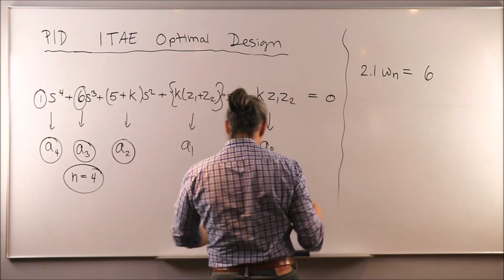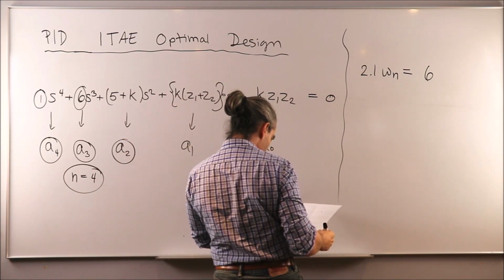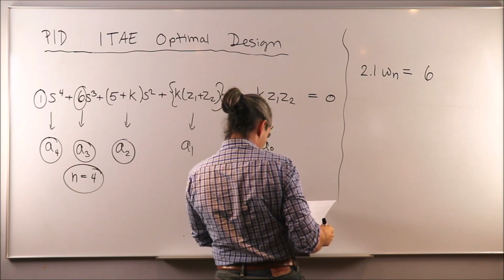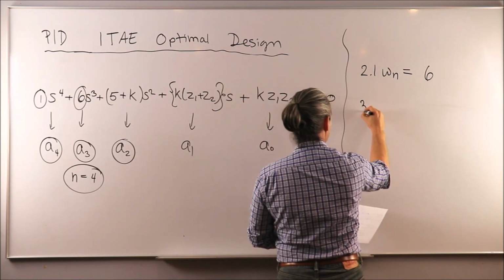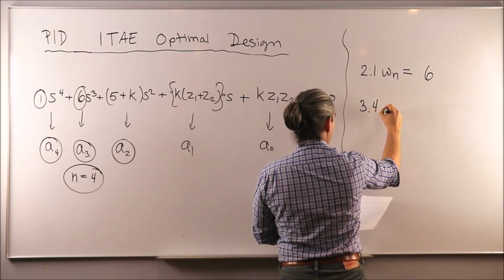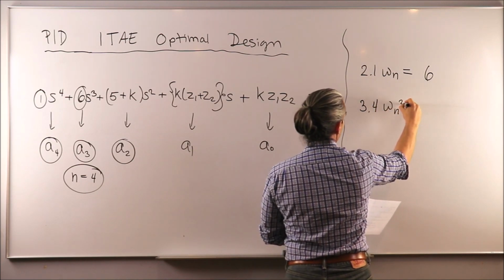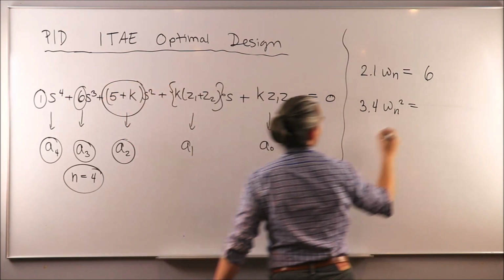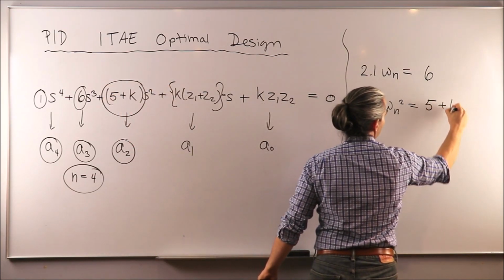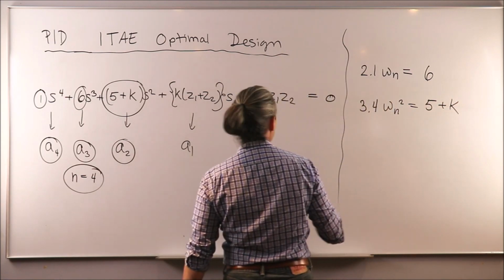A2, according to the table, was 3.4 omega n squared. But now what we have for A2 is 5 plus k.